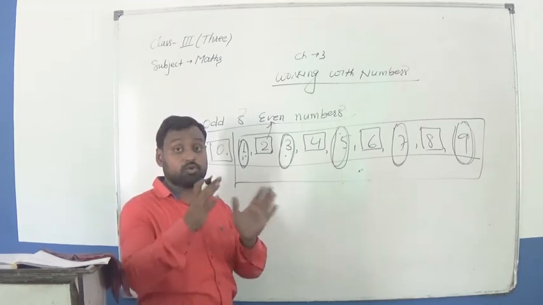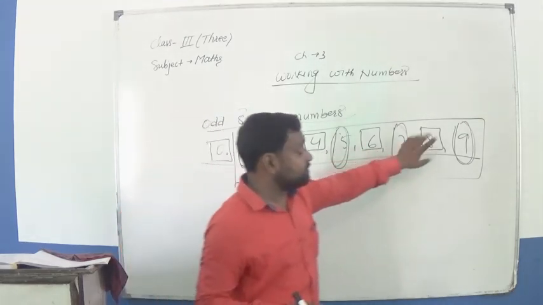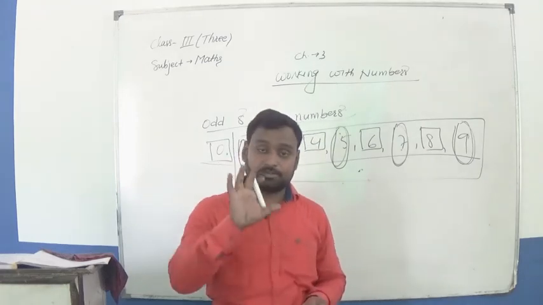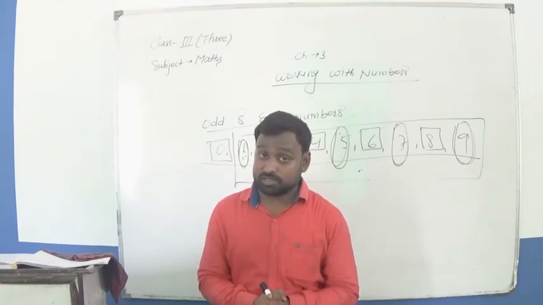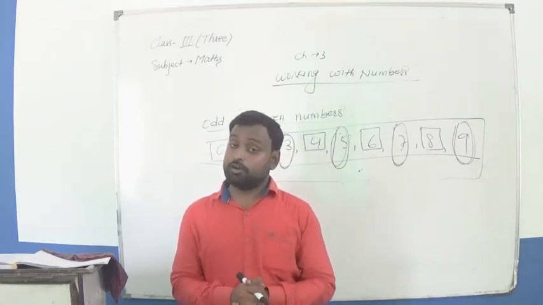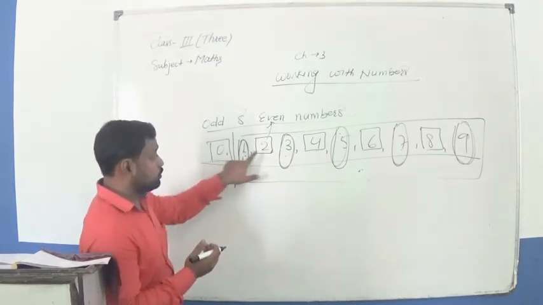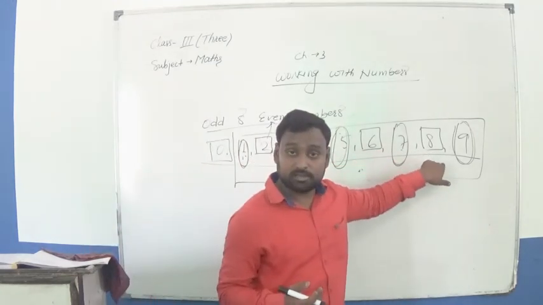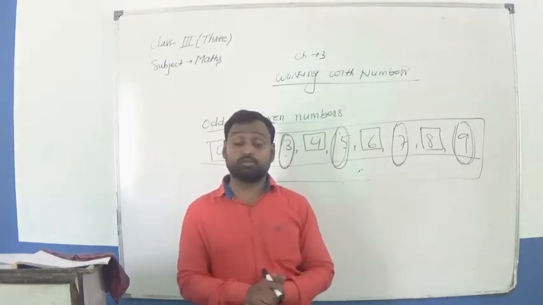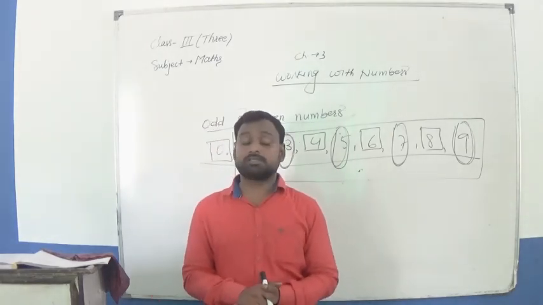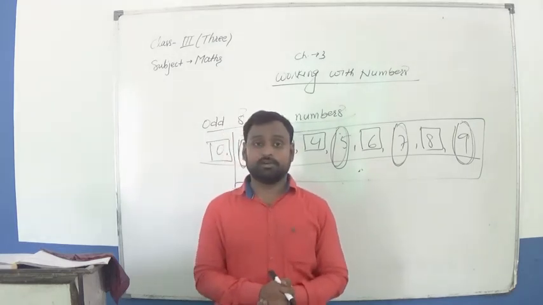Now, for numbers of two or more digits, when 1, 3, 5, 7, 9 comes at the ones place, the number will be odd. And when 0, 2, 4, 6, 8 comes at the ones place of a number of two or more digits, it is obviously an even number.